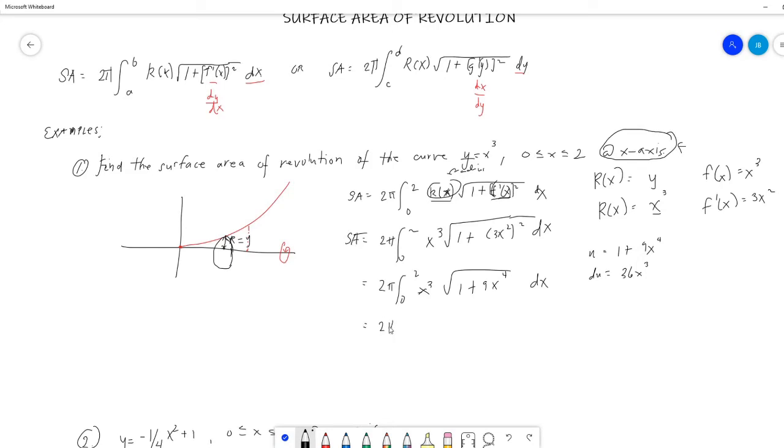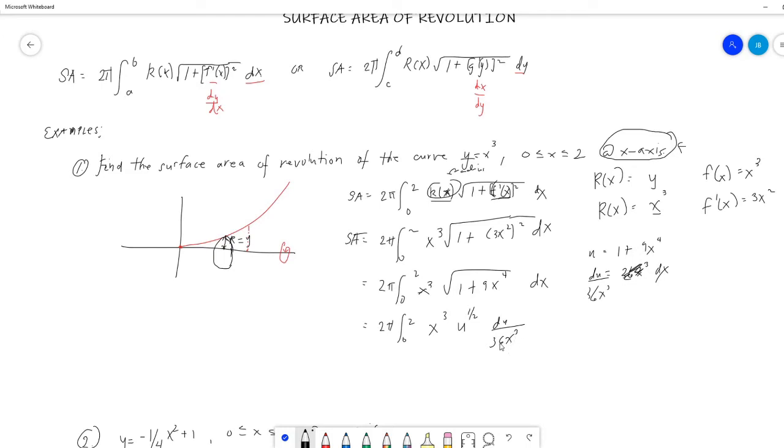Therefore this would be 2 pi times x cubed, and then u raised to 1/2. Then dx is du over 36 x cubed.